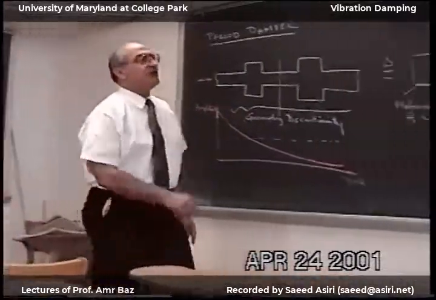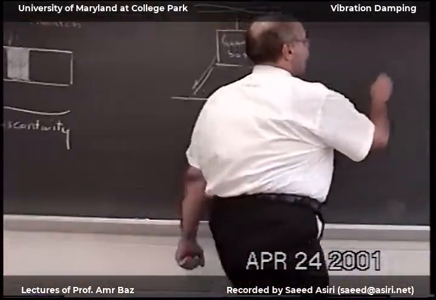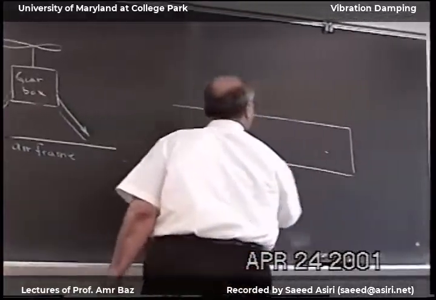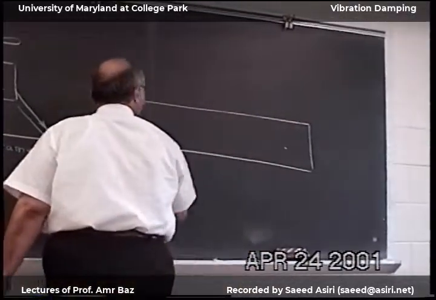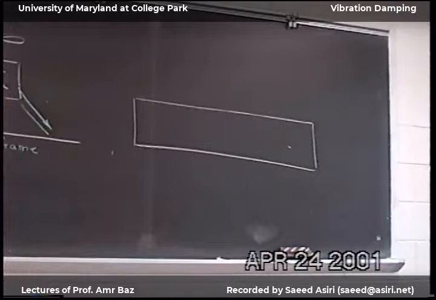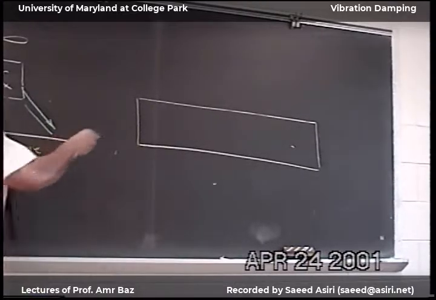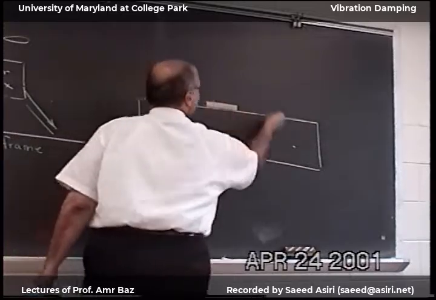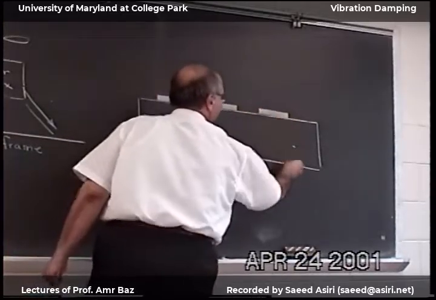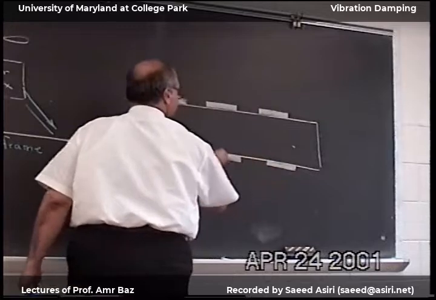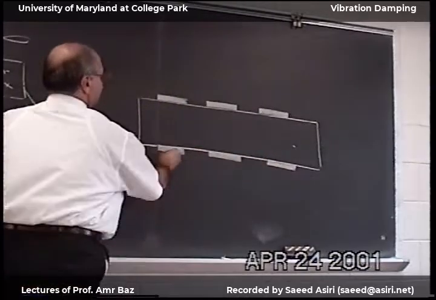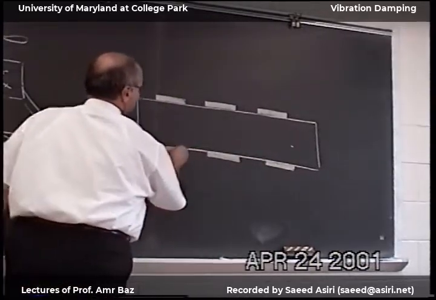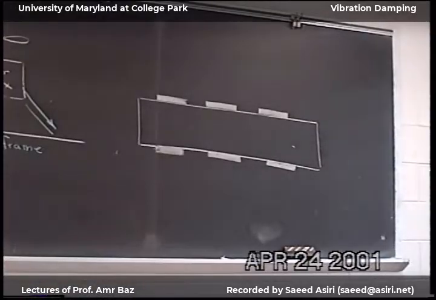I can also come here and then now instead of just a completely passive system, I come and on the structure I come and bond piezoelectric material. For example, okay, this piezoelectric material, and I can use it completely in a passive mode, like the shunted network.